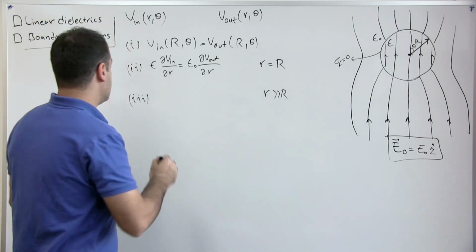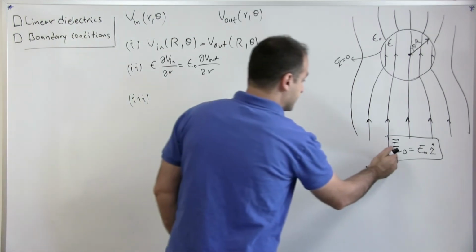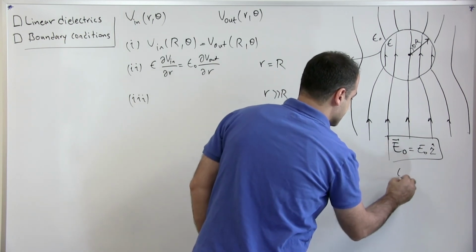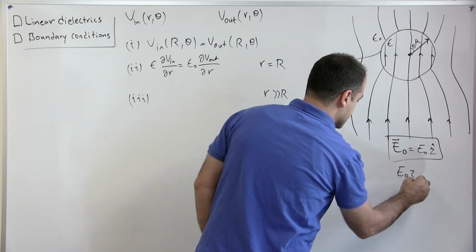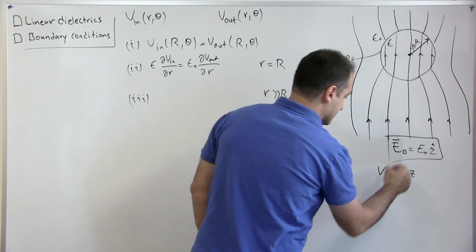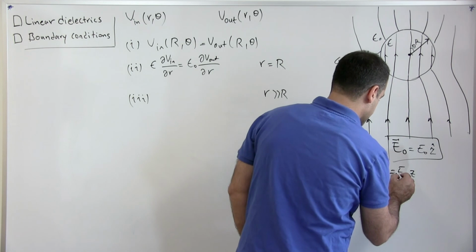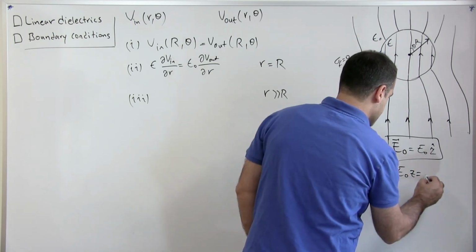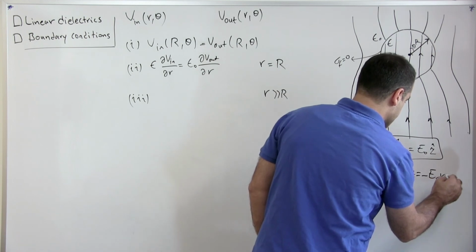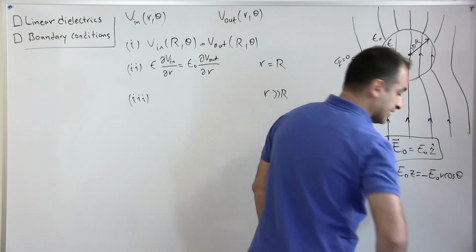So if we are so far from this, the potential created by this is always negative E naught times z. So potential at far distances is this, which in polar coordinates is negative of E naught r cosine theta.